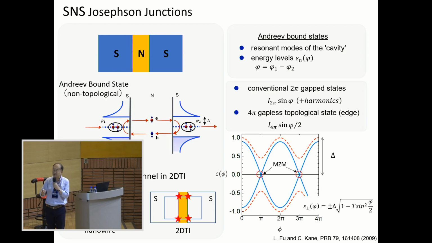And the spectrum of the Andreev bound state is like this dotted line with a periodicity of 2 pi. Then the supercurrent is expressed by just the ordinary I sine phi, like in the tunnel junction.